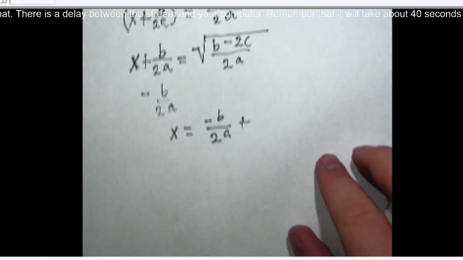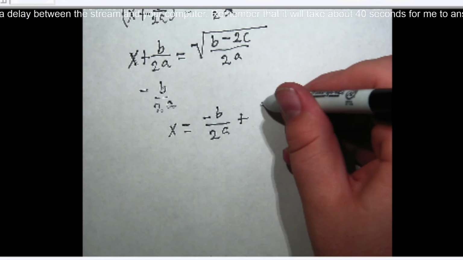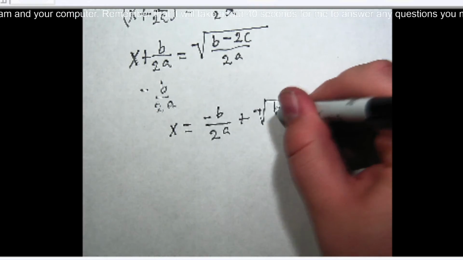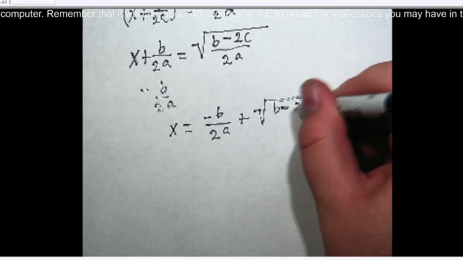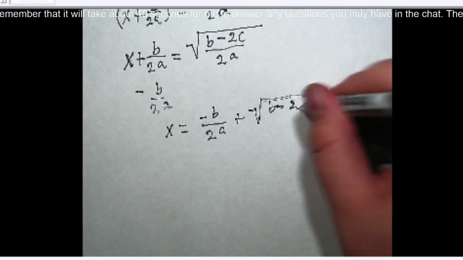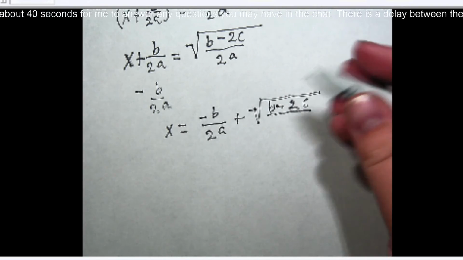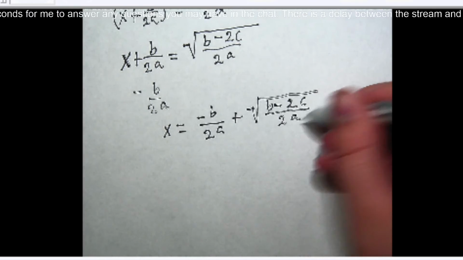Plus the square root of b minus 2c all over 2a.